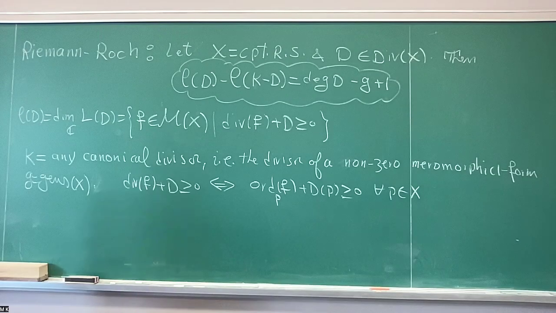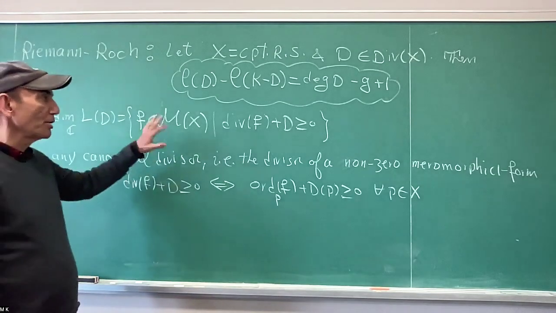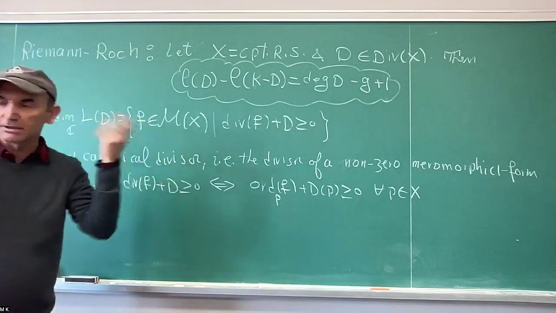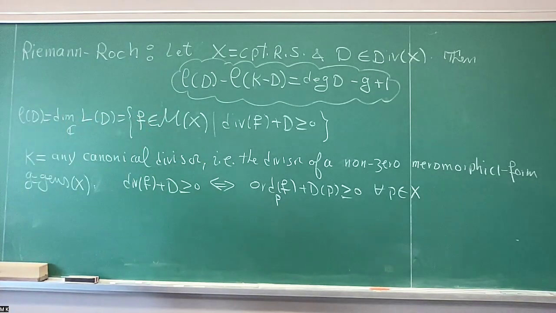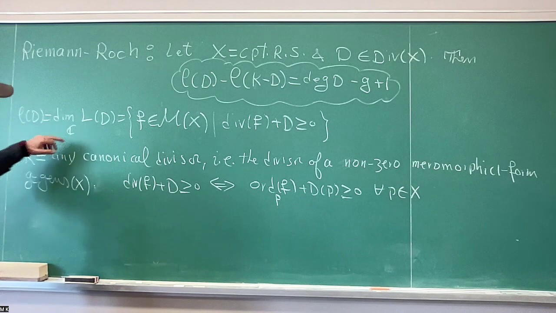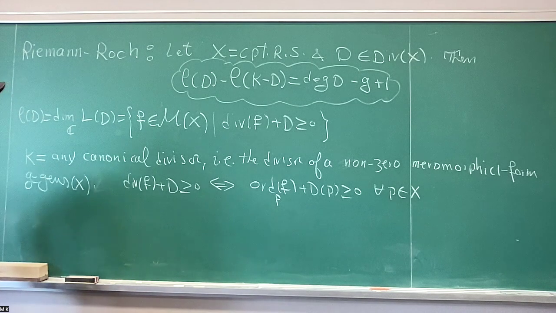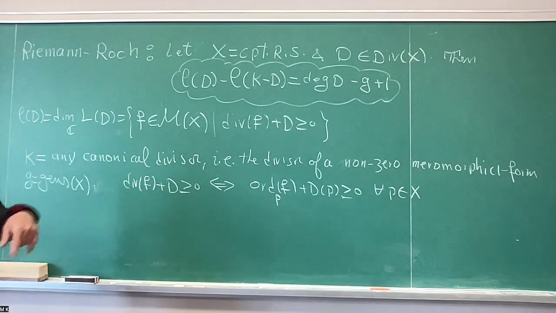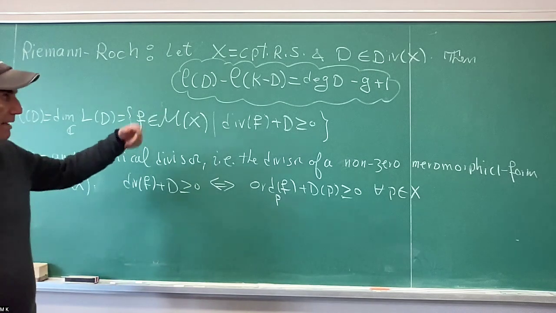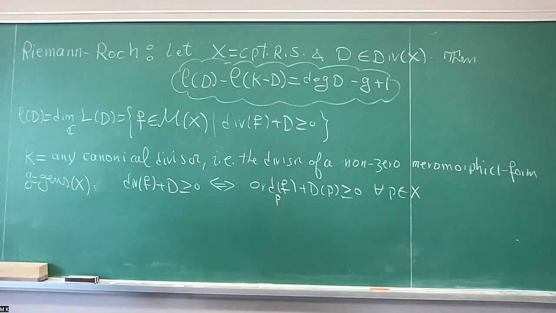Okay, so as I said, this is a kind of strange way of defining a class of meromorphic functions. And it's also very non-trivial to show, we will show it today, that this is finite dimensional. But as I said, when we learn that divisors are more or less in one-to-one correspondence with line bundles, then this is actually a space of holomorphic sections of that line bundle.